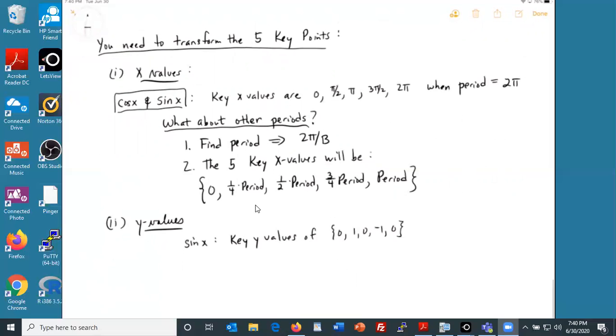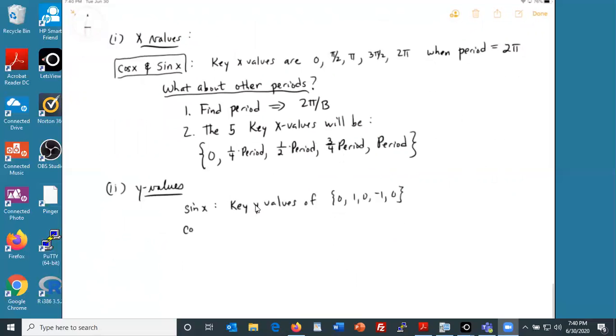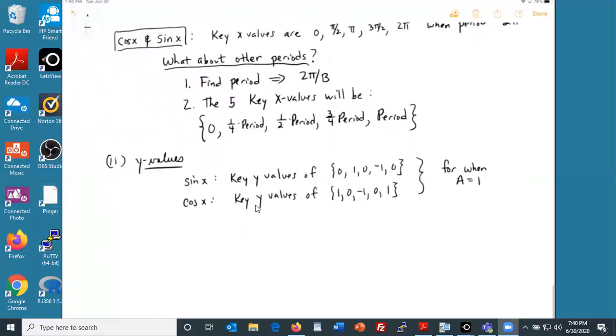Those were from the table in the graph that we drew earlier. And for cosine of x, the key y values were 1, 0, -1, 0, and 1. And this is for when a equals 1.